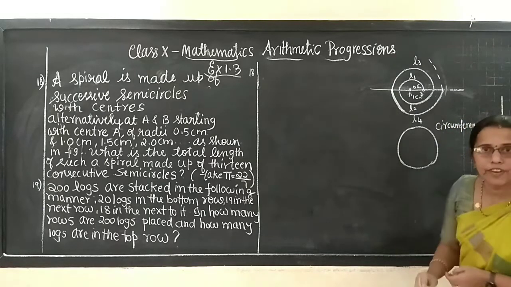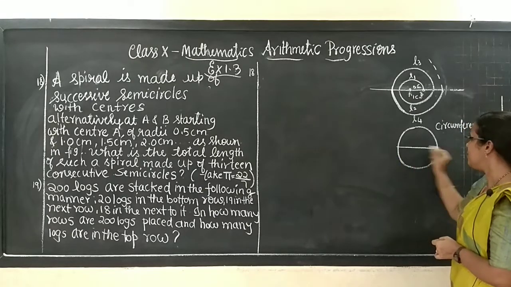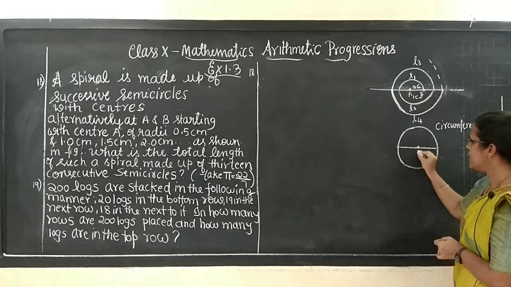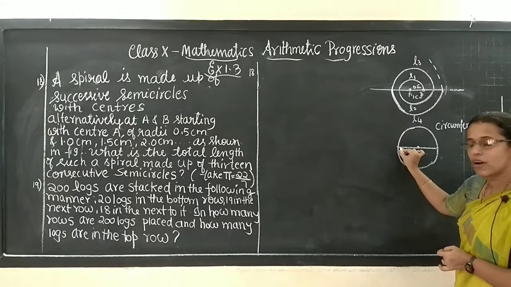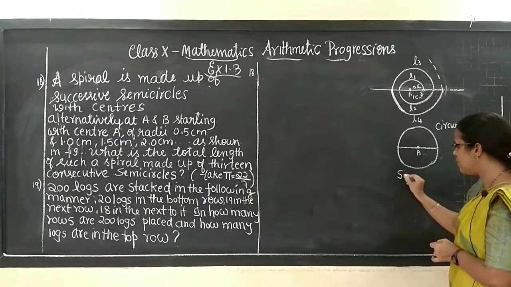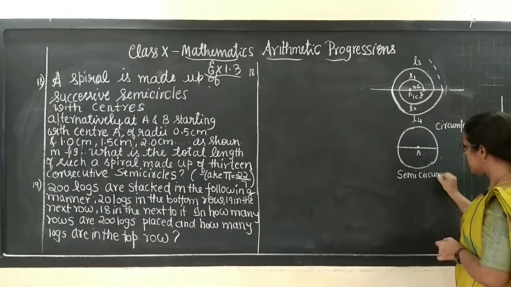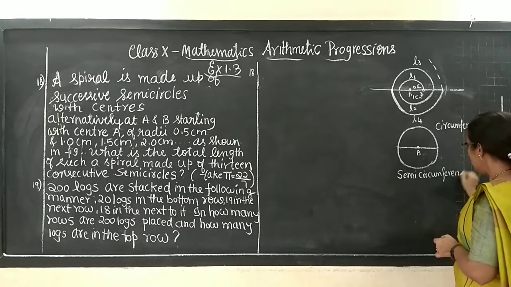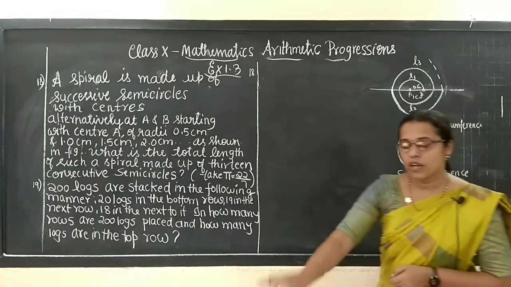Then if I take its half, with center A here, this becomes a semicircle. A semicircle's length is also called semi-circumference.